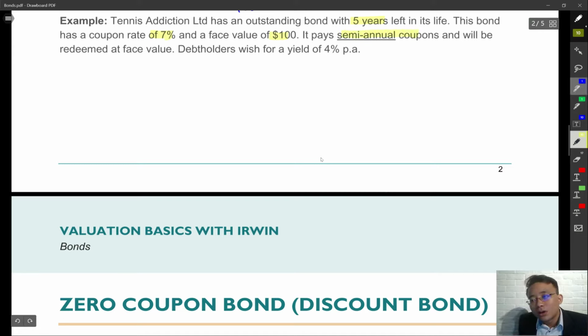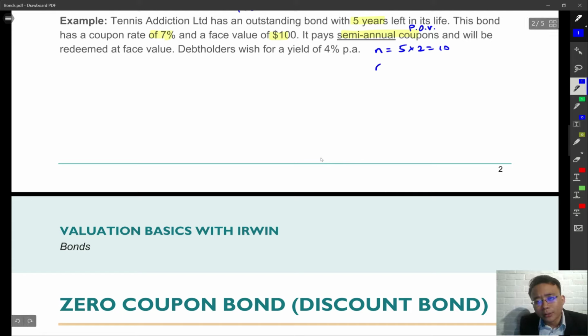Now, you will want semi-annual to be your point of view, your POV, your perspective throughout the question. And when I say your perspective, what I mean is, suddenly your N is no longer 5 years. Looking through a semi-annual perspective, 5 years, how many semi-annual periods are there? 5 times 2, 10 altogether, right?